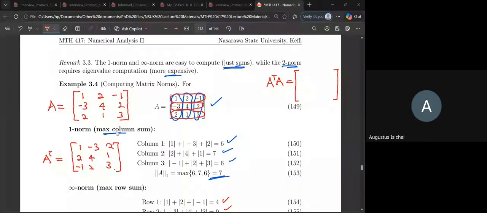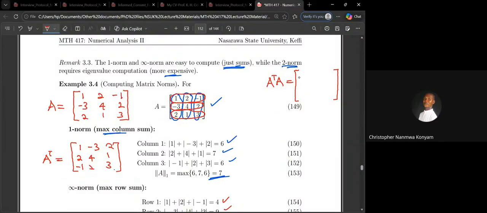I need you to give answers, please. I can hear you, Christopher. Tell me the products, the multiplication of A transpose A, not the transpose. So what I'm having here is 14, minus 8, minus 1.